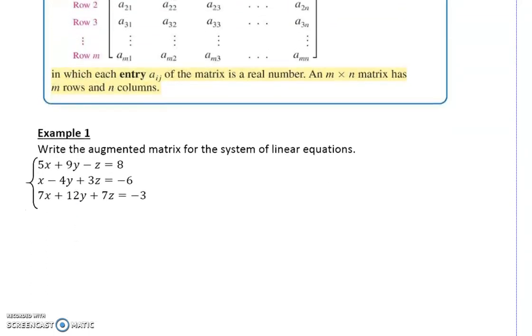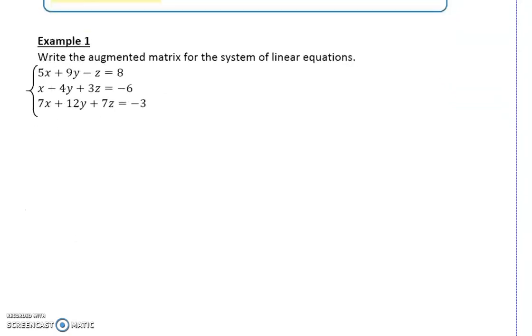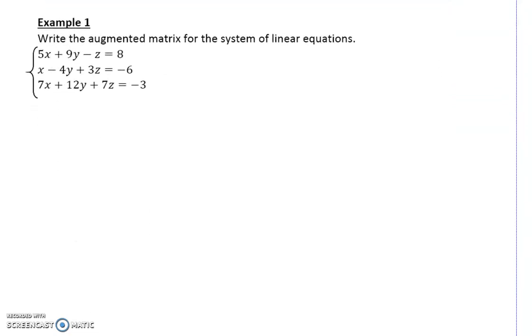Okay, and so for example number 1, we are going to rewrite this as a matrix, and all you're doing is taking the coefficients. So we have 5, 1, 7, and I try to keep them in order so all the x's are in line.